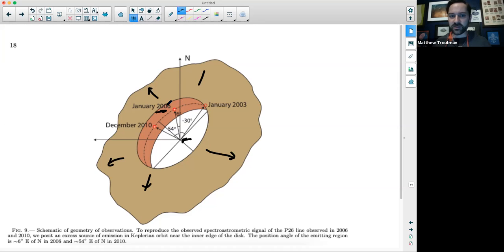The way that this actually worked in reality was 2006 was the first observation, and then noticing that there were previous observations that were done, they looked backwards and found there was nothing there. And then in 2010, there was evidence for that companion, that other object in the system, that has moved.